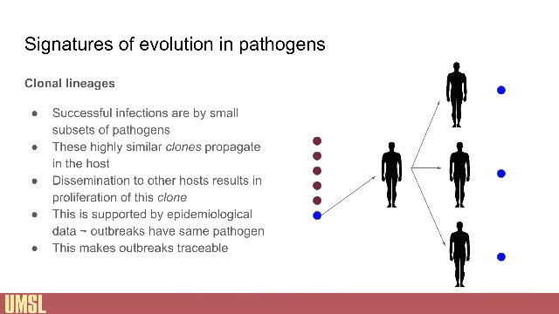If we look at why this salmonella outbreak in Florida was so different than New York, these were different selective events that happened. And so dissemination of this particular successful infection event to other individuals in the human population results in proliferation of this clone.